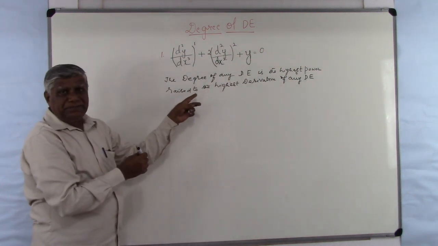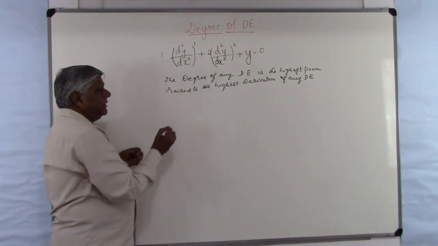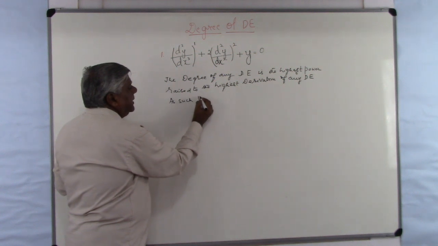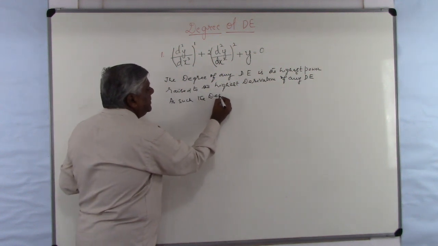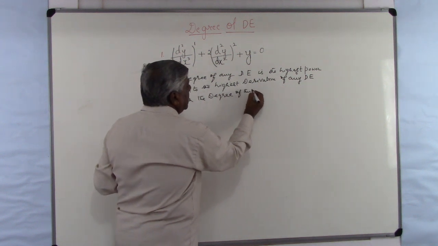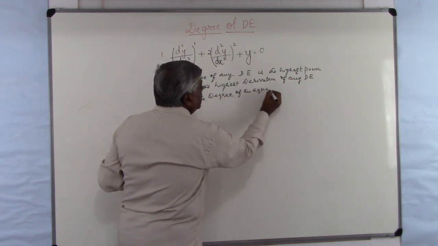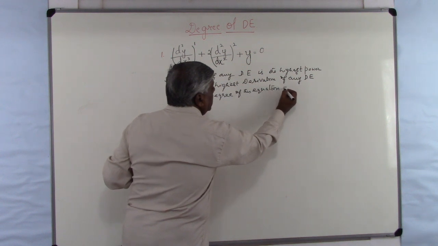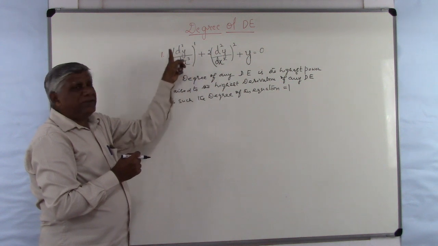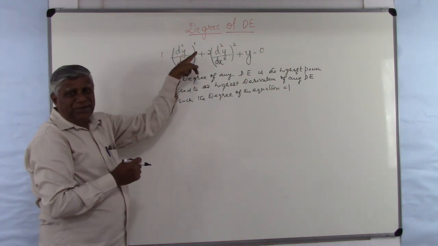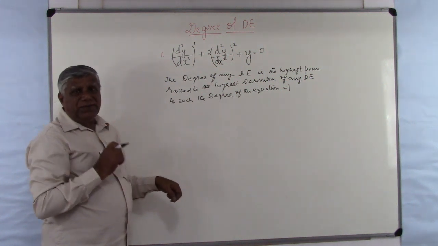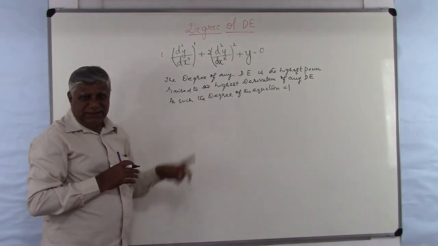Therefore, the degree of this equation is equal to 1, because it is the highest power raised to the highest derivative. That is how the degree is explained.